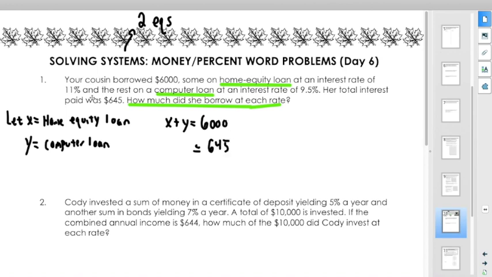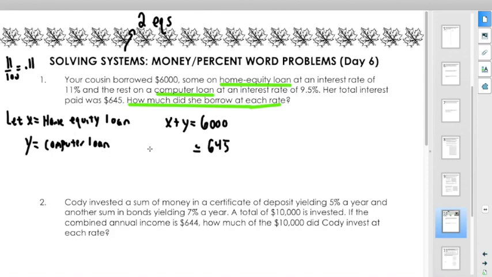Now, can I just write 11%? So like just 11x? If you think back probably to 7th grade, you should have learned how to convert a percent to a decimal. And it's actually quite simple. You just want to divide it by 100. So 11 divided by 100 would give me 0.11. Okay, that's super important.